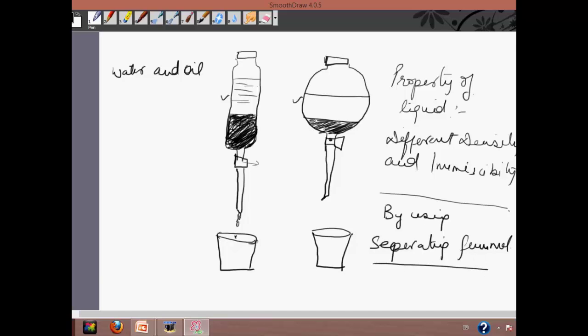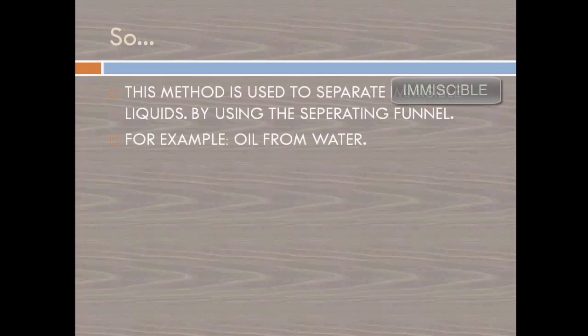For example, oil from water can be separated by a separating funnel.